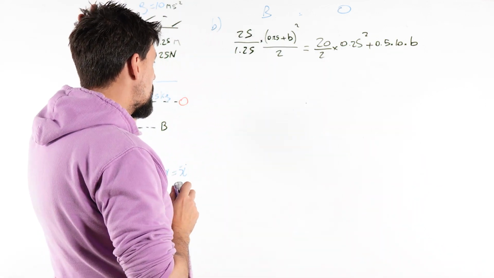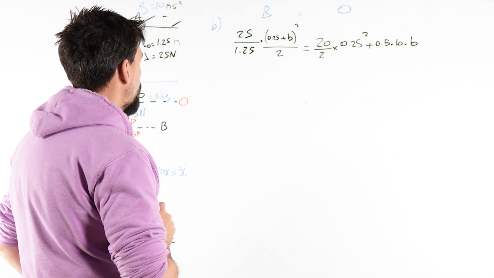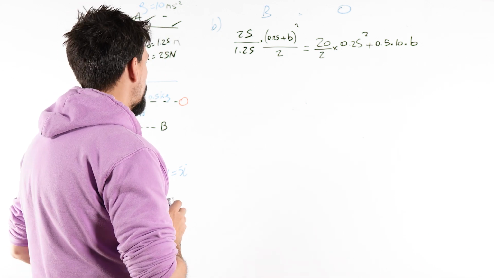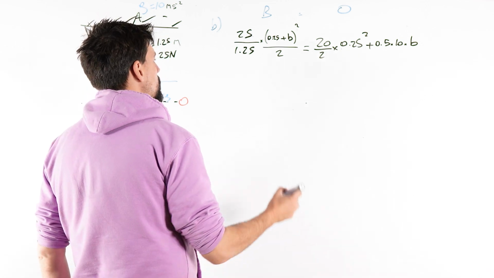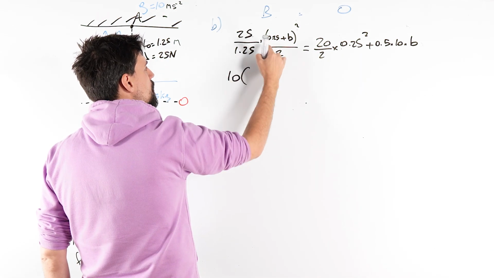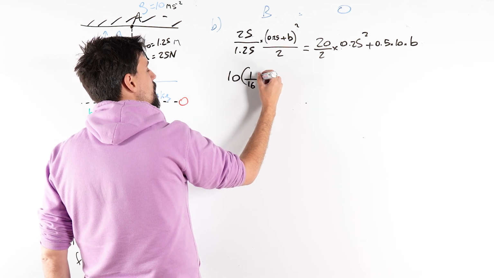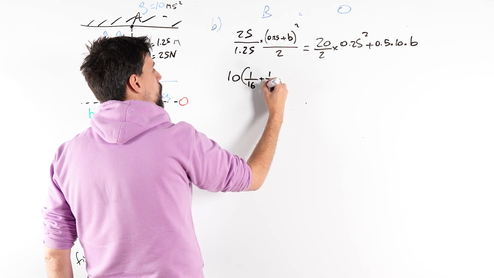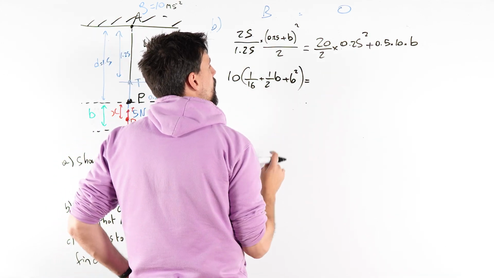And now we have to tidy this up. Fine. Let's hope this works. So that is 20 divided by 2, that is 10. And we are multiplying. Let's multiply that out. 1/4 becomes 1/16 plus 1/2 b plus b squared. What's this?